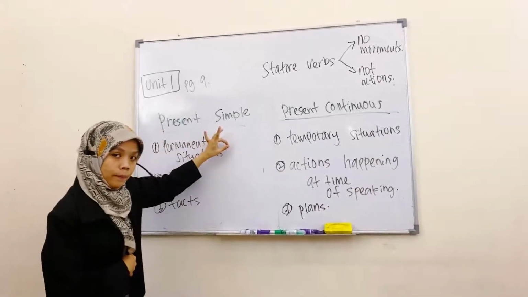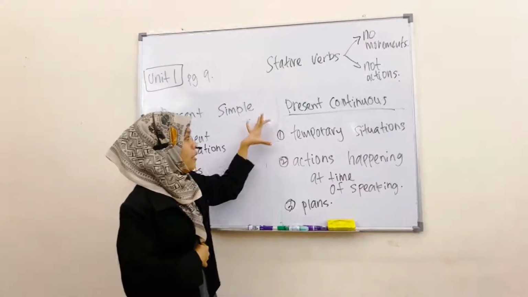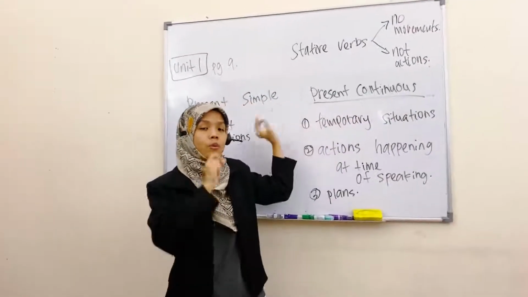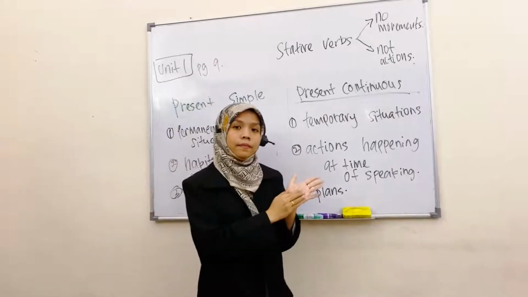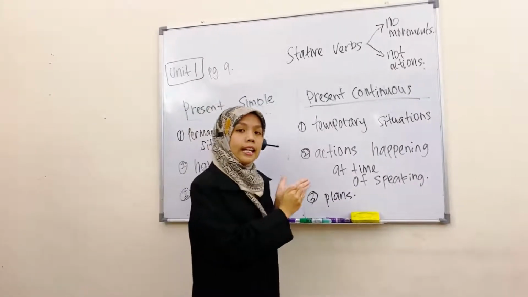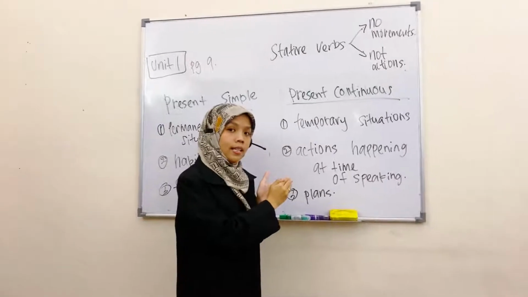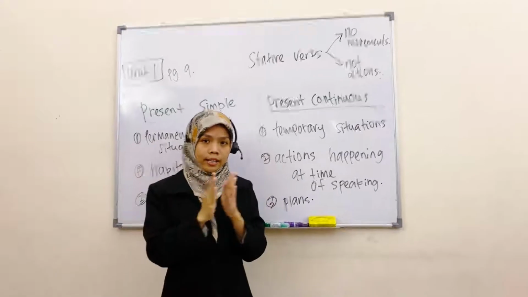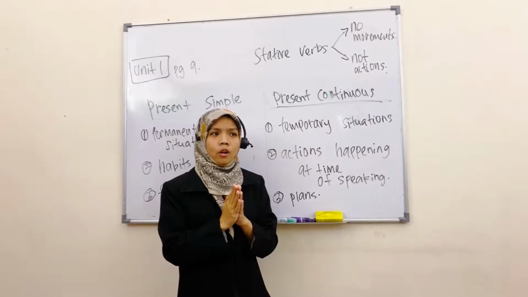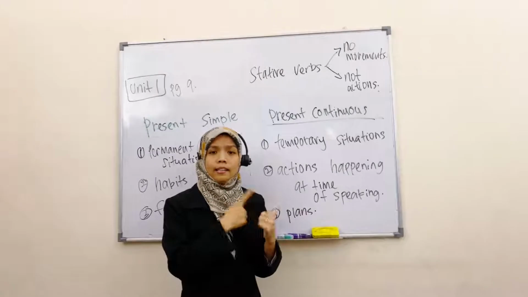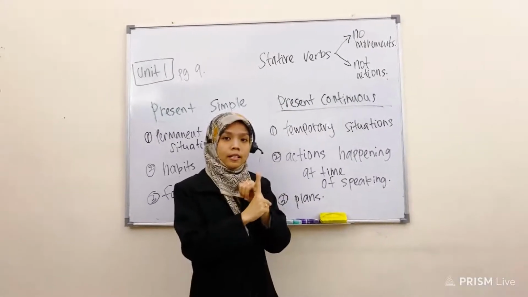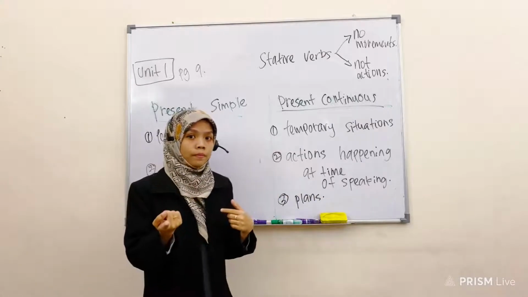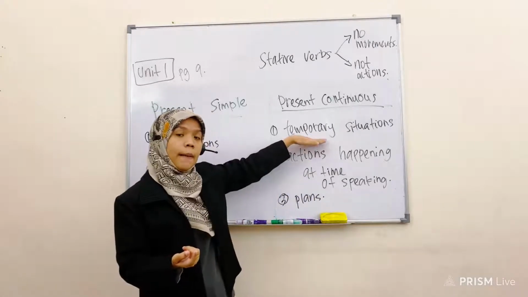Present continuous is for a temporary situation. I give you one example: My friend is staying with me in the holidays. That means the whole holidays, might be from Saturday until Monday. So for the whole holidays, the whole days, your friend is staying with you. So as you can see here, a temporary situation.